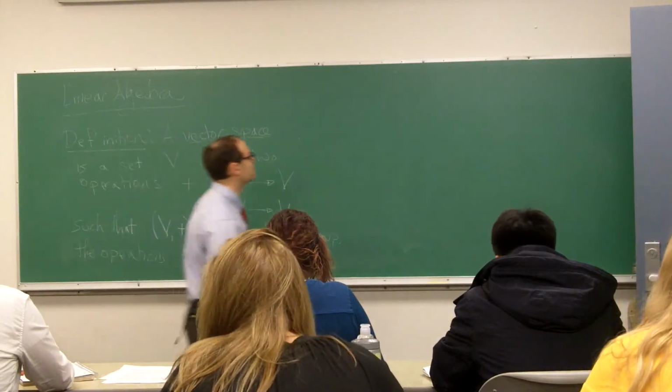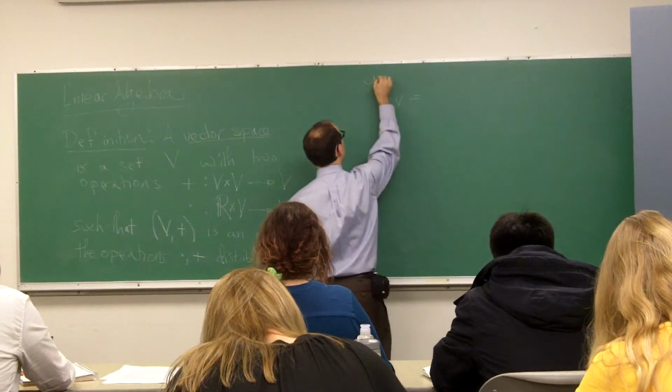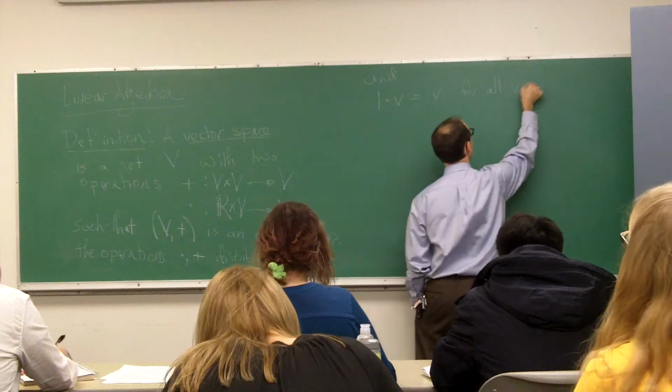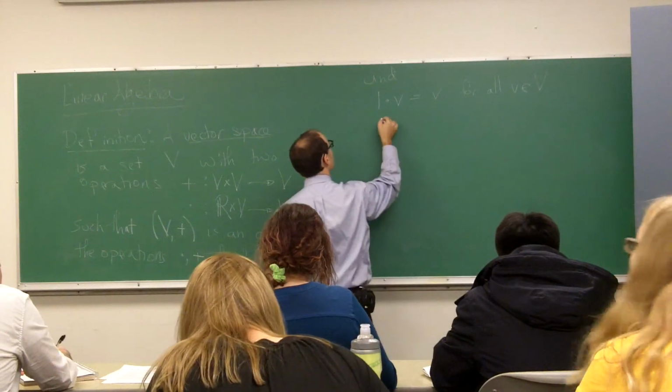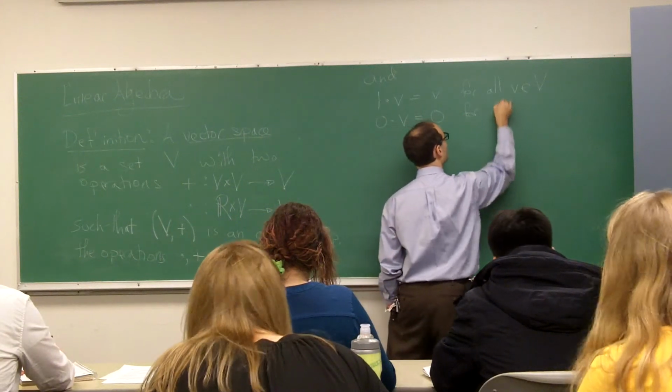And just to be very explicit, 1 times v is equal to v for all v. 0 times v is equal to 0 for all v.